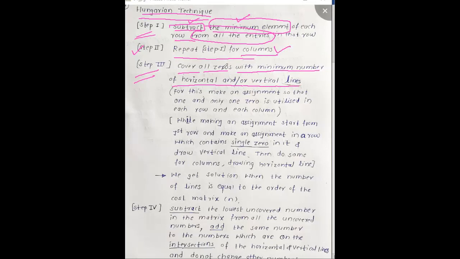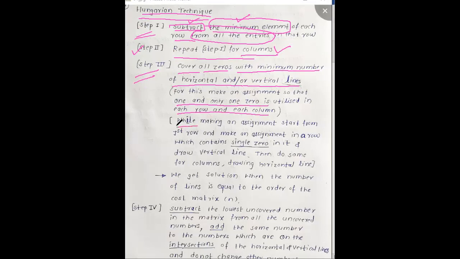So we have to cover those zeros with the minimum number of horizontal and vertical lines. For this, make an assignment so that one and only one zero is utilized in each row and column. So that means in the cost matrix, we want one zero in each row and each column. That is, one zero is used in each row and each column. So that means it will give you the solution if this is the situation.